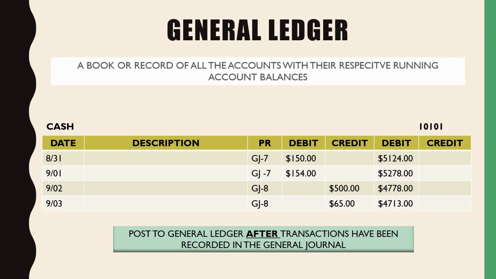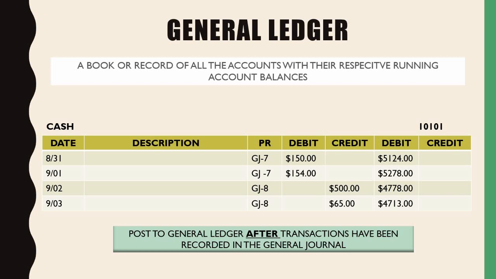In this case, here's an example of my cash ledger account, right? Here, I set that on the 31st of August, right? I started out with $5,124, right? I had a sale, which increased my bank account by $154. So therefore, I add that to my checking account. So now I have $5,278.